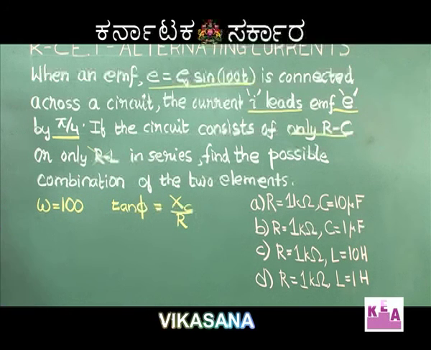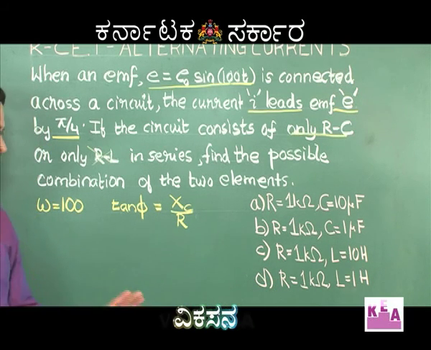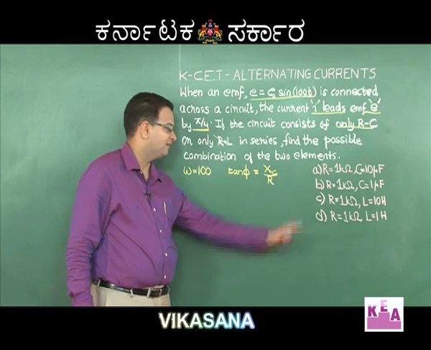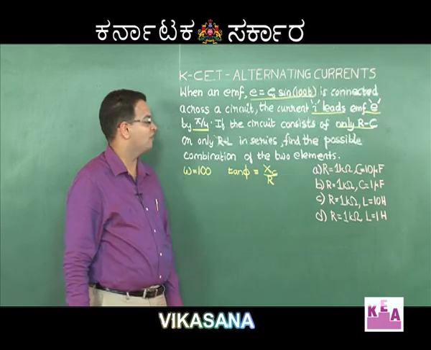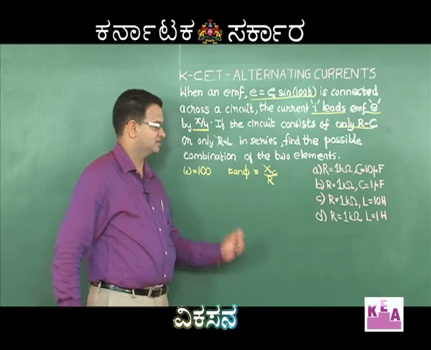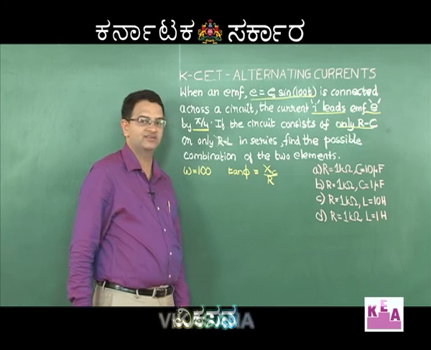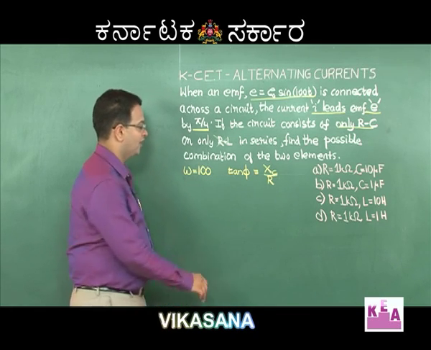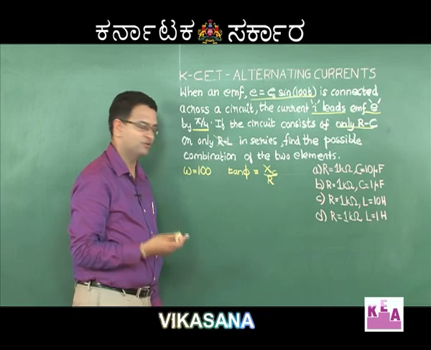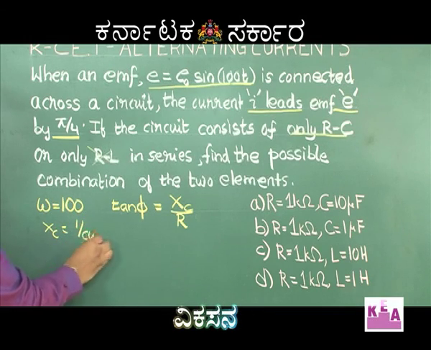Now, one more thing we can finalize at this point is that option C and option D cannot be our answer because they are R and L. We have already concluded that our circuit is going to be a combination of R and C only because current leads the EMF. Now we know that XC is equal to 1 by C omega.